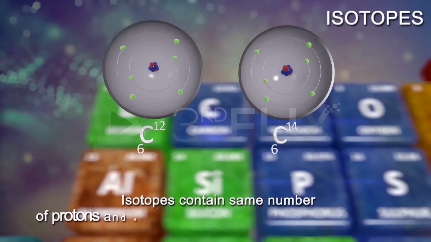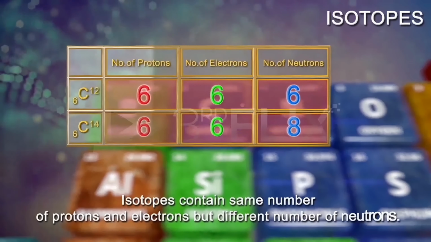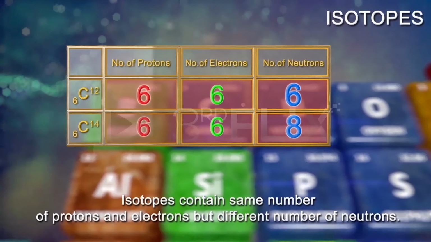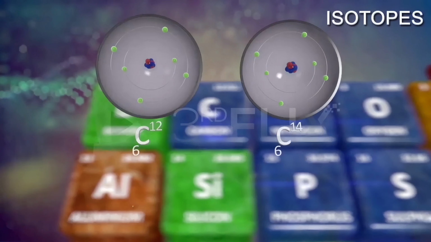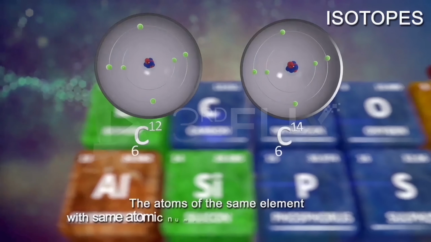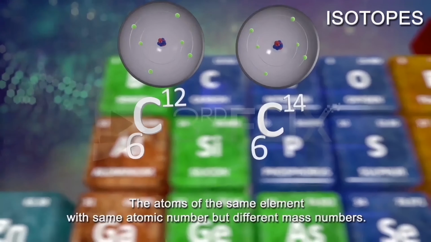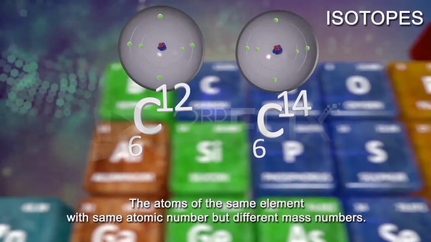In other words, isotopes contain the same number of protons and electrons, but a different number of neutrons. Isotopes can also be defined as atoms of the same element with the same atomic number, but different mass numbers.